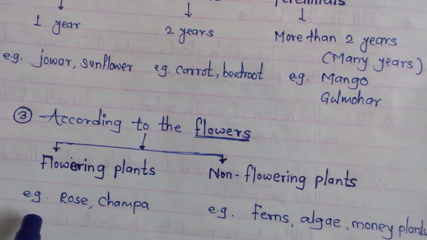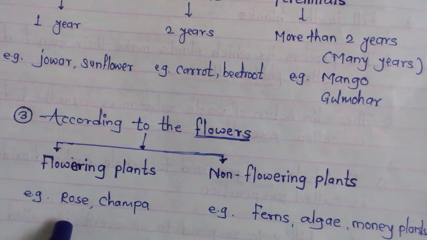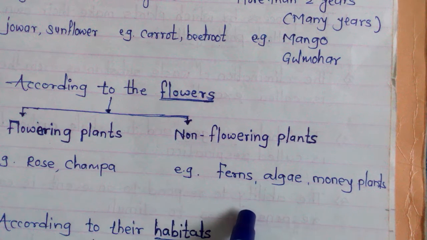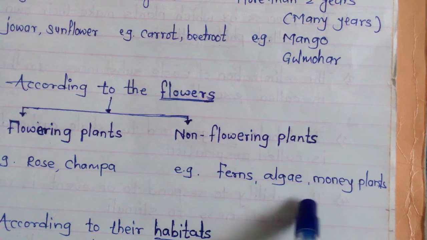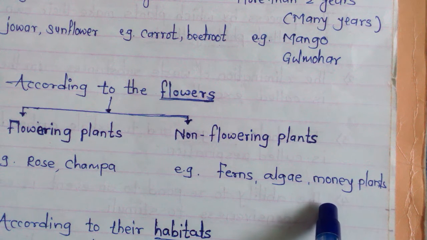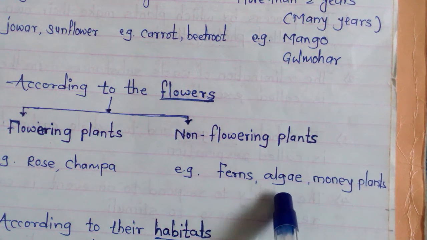The flowering plants, all of you know very well, there are many, correct? Here we take the example of rose and champa. And non-flowering plants are ferns, algae and money plants. All of you know about the money plant. The money plant can't bear flowers.